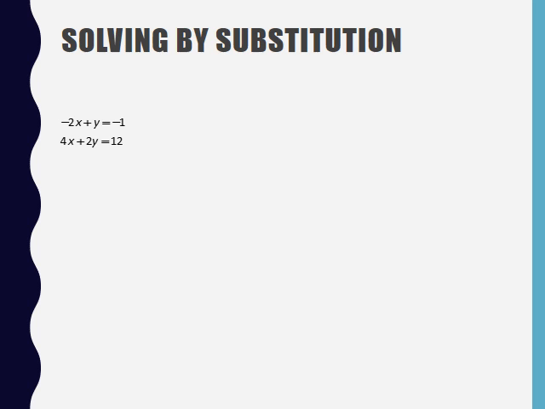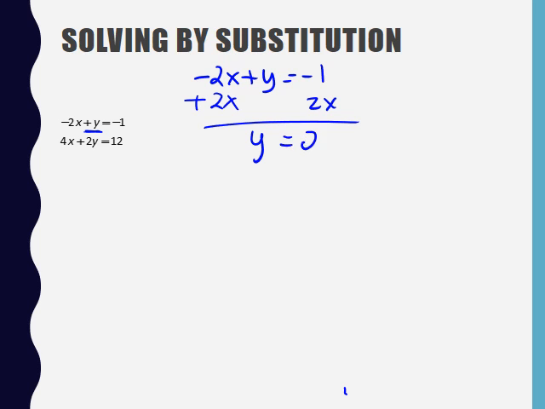Last example. Notice that neither of these equations are solved for y or x. So what I'm going to do, this first one has no coefficient in front of the y, so it's easier to solve that equation. I'm going to take the negative 2x plus y equals negative 1, and I'm going to solve it for y by adding 2x to both sides, so that I get y equals 2x plus 1.